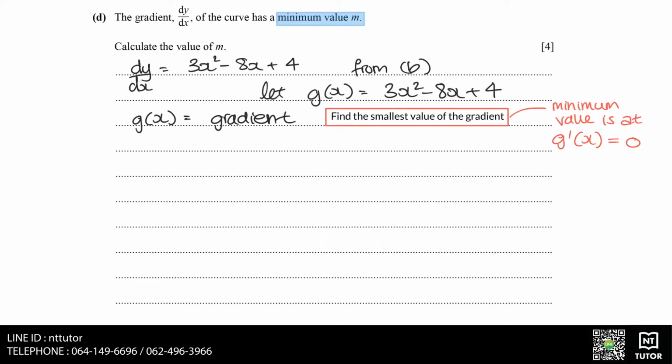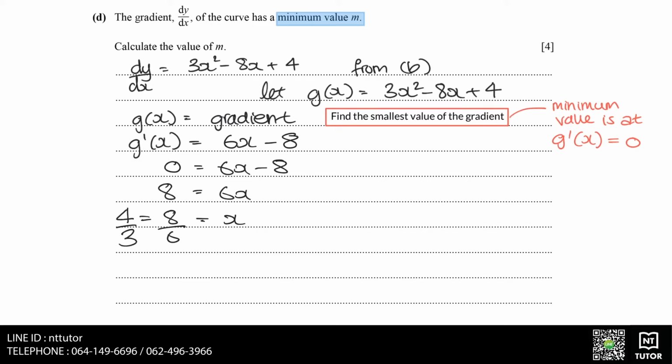So we need to find g dash x for the gradient function, which equals 6x minus 8, and set that equal to 0 and solve for x. Once we get a value for x, this is not the value of the gradient, but the x-coordinate corresponding to the minimum value of the gradient.